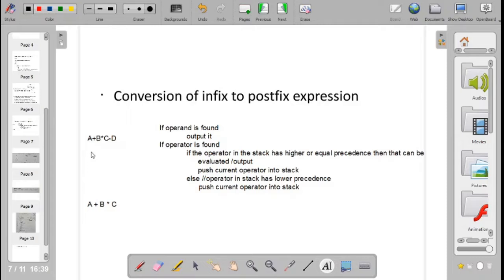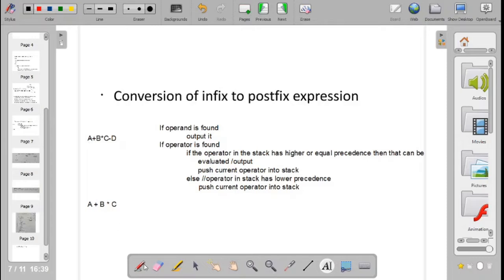In all three cases, whether it is infix, prefix or postfix, the order in which the operands appear is the same. So when you come across an infix expression and you want to convert it into postfix, if you're reading an operand, the only thing you have to do is just output it into the postfix expression.